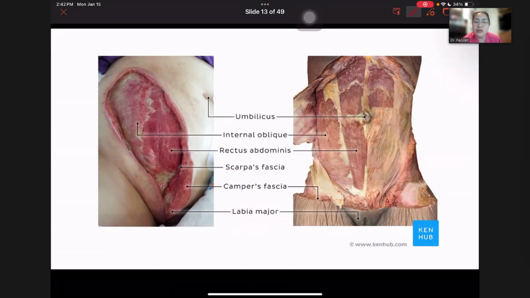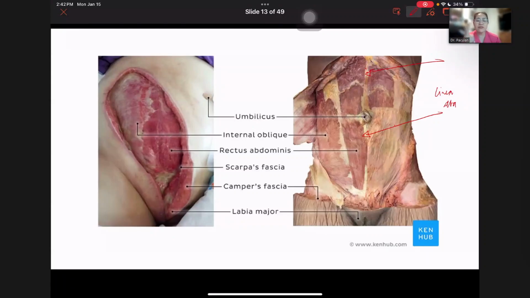And you have the aponeurosis that interweaves with the opposite side, forming a median raphe. So this is your median raphe, and you call that your linea alba.